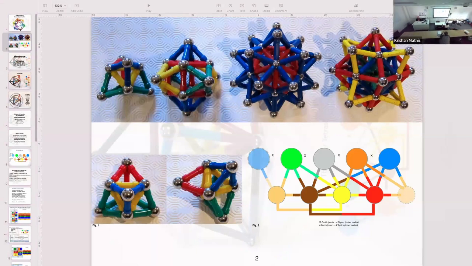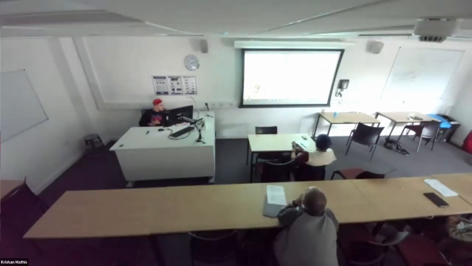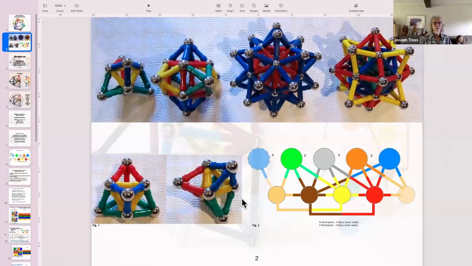Is everybody okay with the lights off like that? Yeah. My screen sharing is paused. Can you see it? Okay, I'm back. Now we can see figure 2.